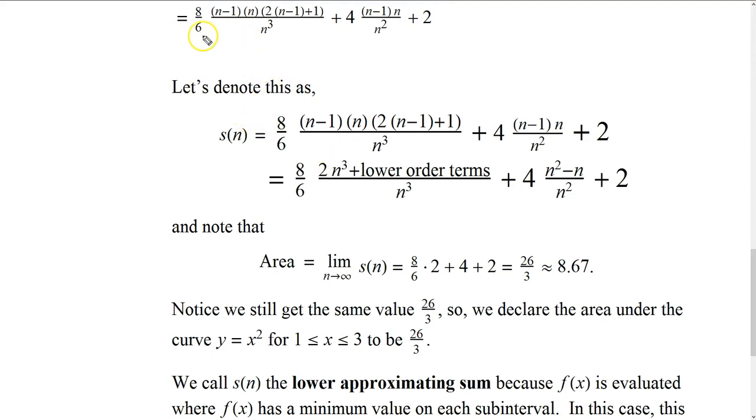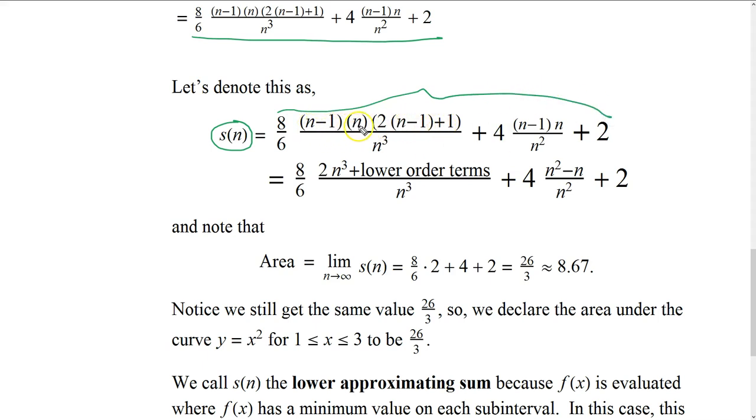Now we're going to denote this quantity right here that we found as little s of n. We're going to call that a lower approximating sum, because the rectangles were under approximating the area of the graph, and we found it to be this quantity right here. Now let's factor out.